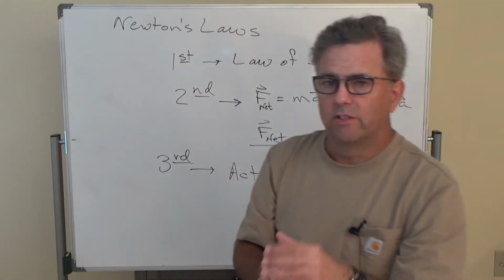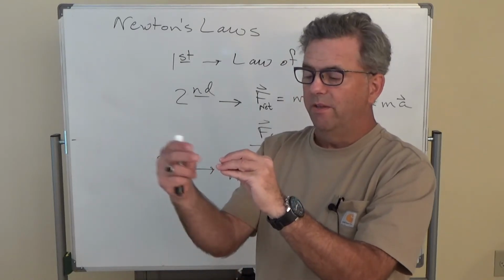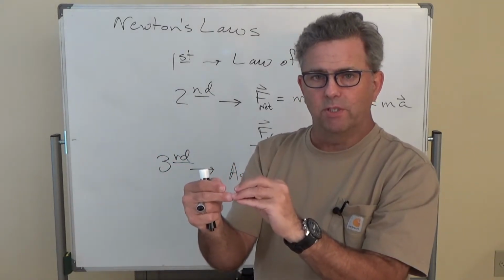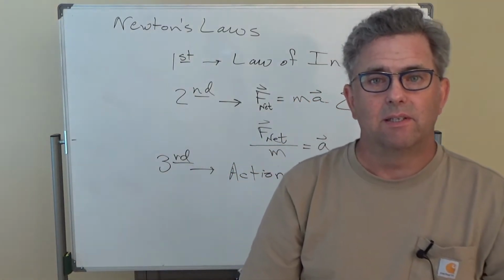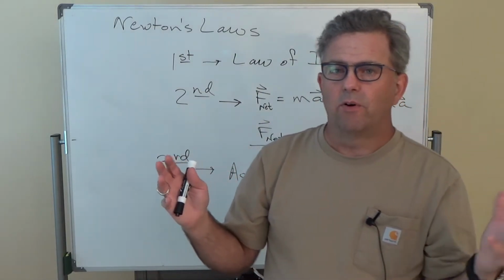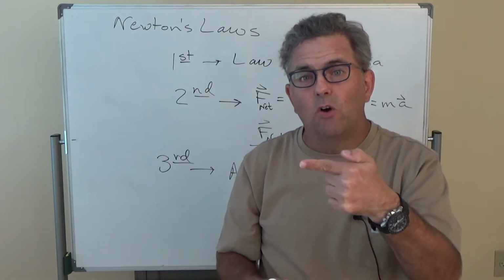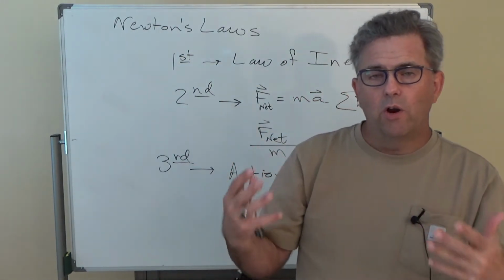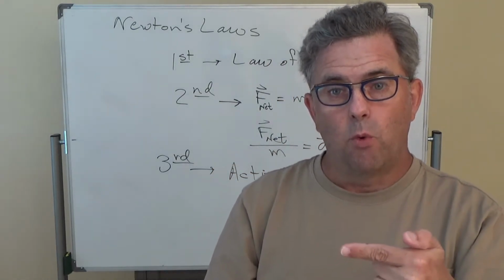Whatever is creating the action and producing the force, there's an equal and opposite force acting on that body, that entity. Okay? Forces always come in pairs. There's never a single, I can't think of where you have a single force. Now, we're going to ignore oftentimes what's actually producing the force.